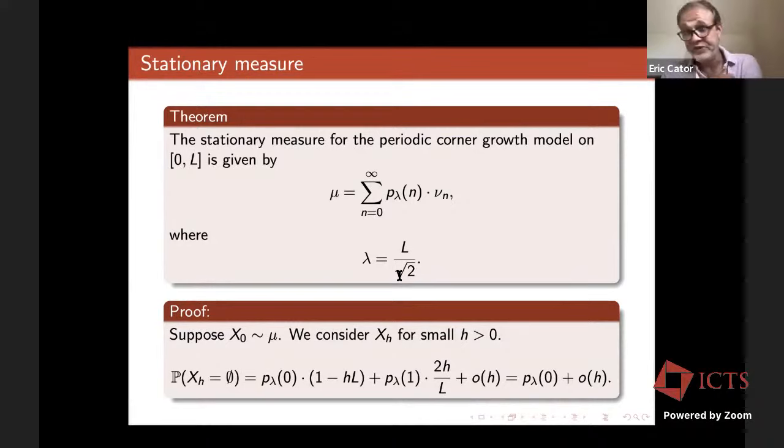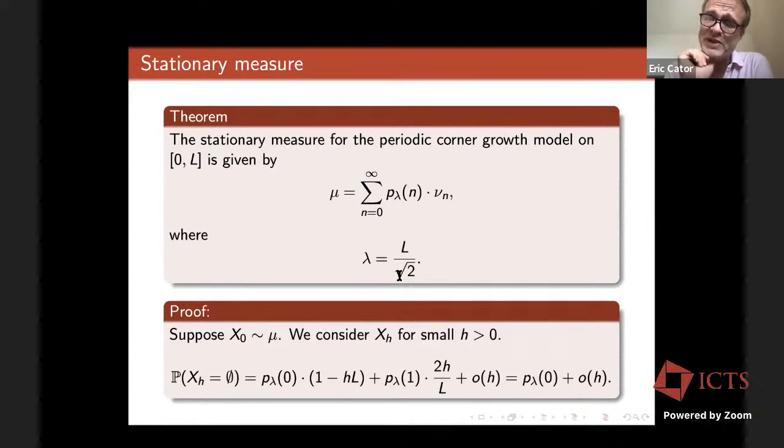So how am I going to prove this? Well, a natural way to do this is by considering the generator of this Markov process. It turns out that's actually quite technical and not so easy. And the reason is that the generator should reflect that the positive and negative particles can collide and then get annihilated.